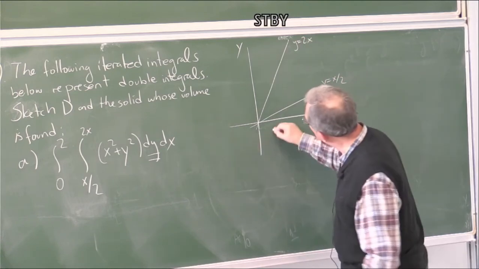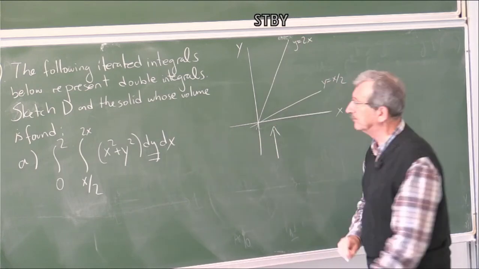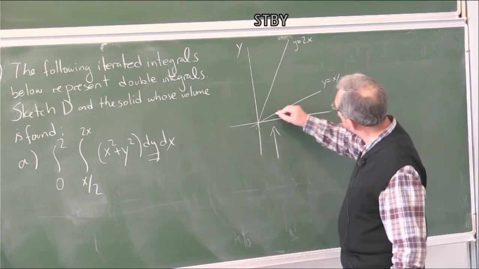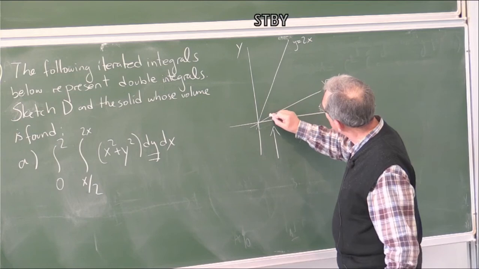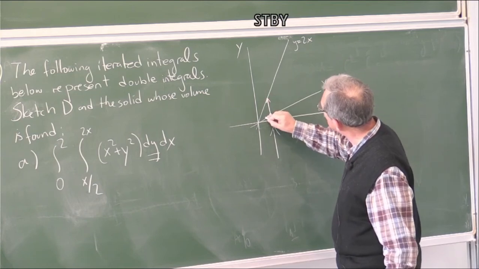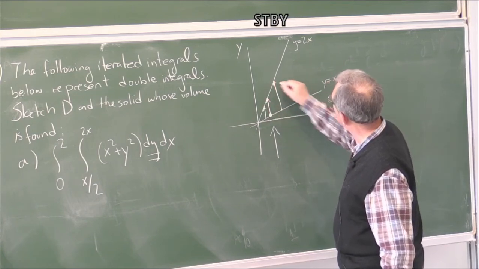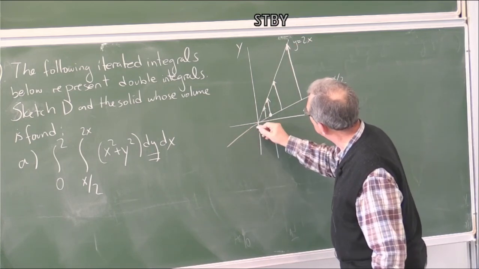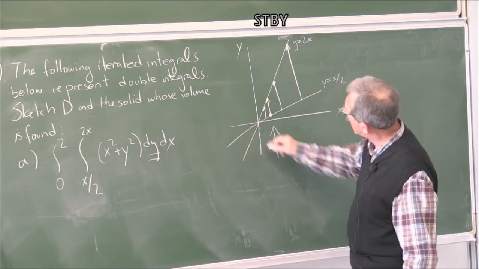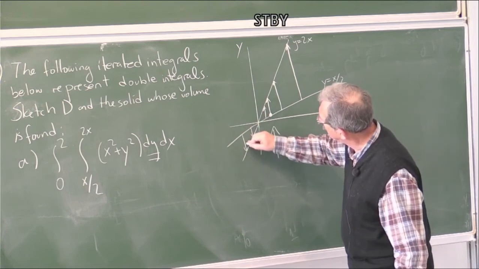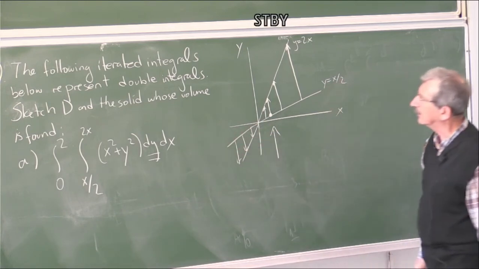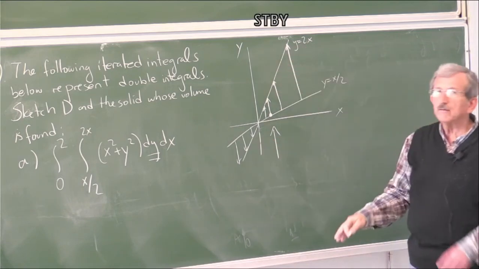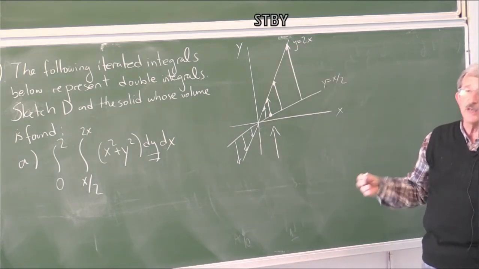But we are looking in the y direction. That's important. So we start from this curve, go up to this one. And if we had a negative side, we would go downwards. Okay. So we go from this line up to the other line. Well, on the left, it could be upside down.